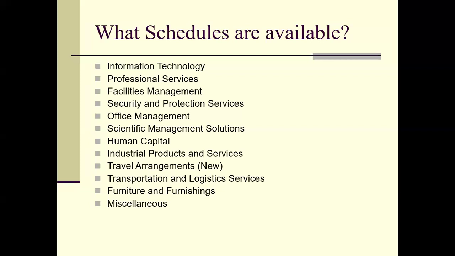You can lease software, you can lease technology, you can provide that all through that one area. And so there's again a whole host of subcategories that are broken down under information technology.